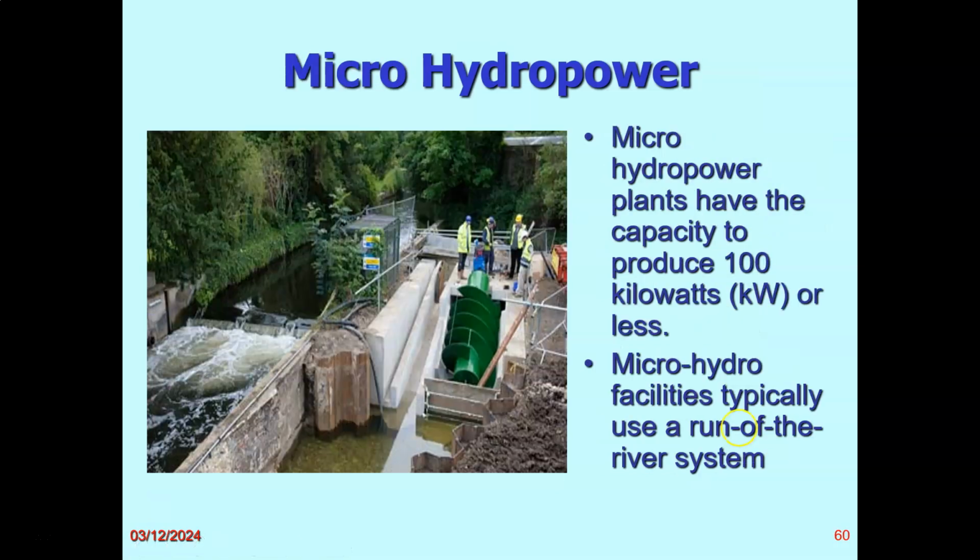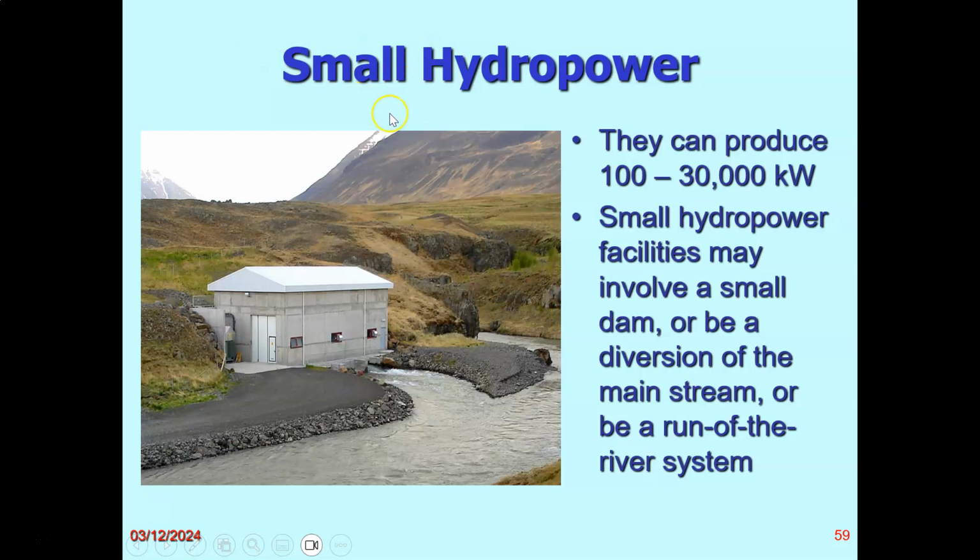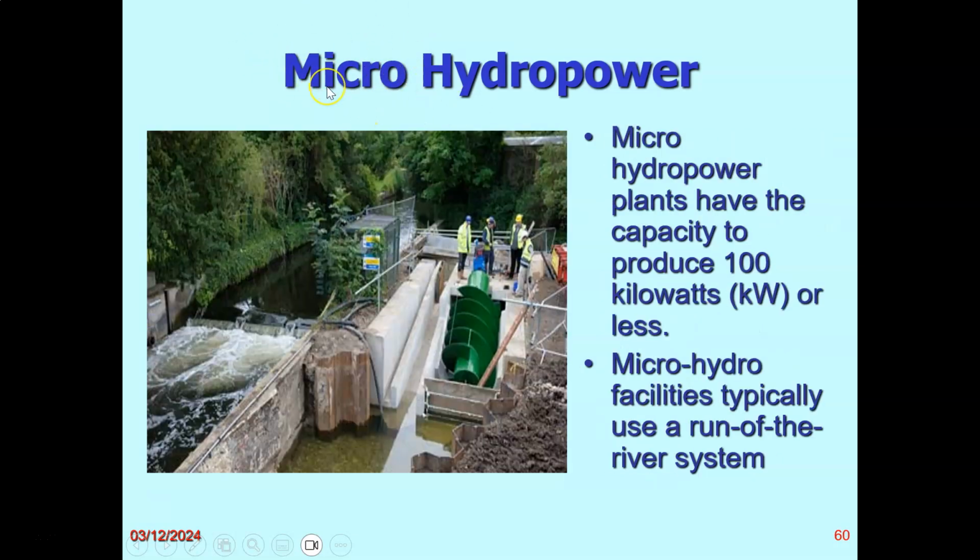We also have, in contrast to small hydropower, micro hydropower. Micro hydropower represents the case of the smallest installation, with a capacity to produce less than 100 kilowatts.